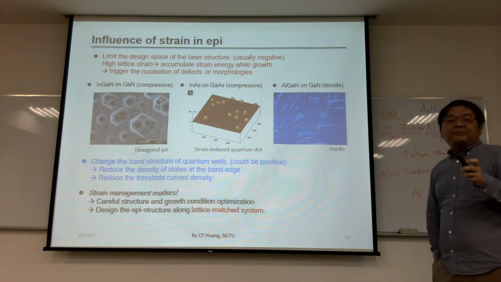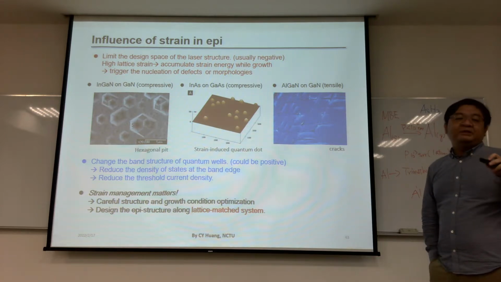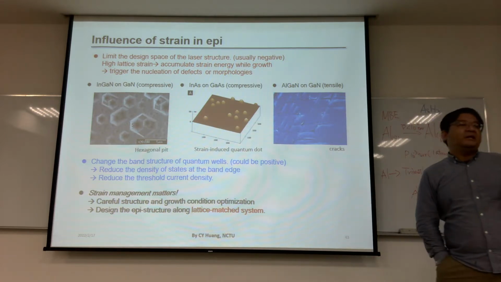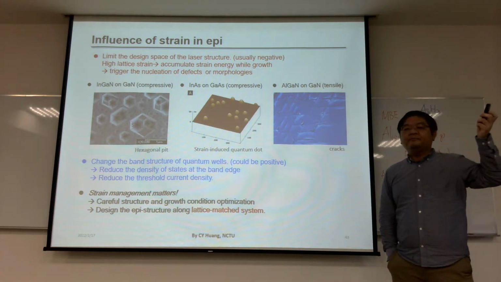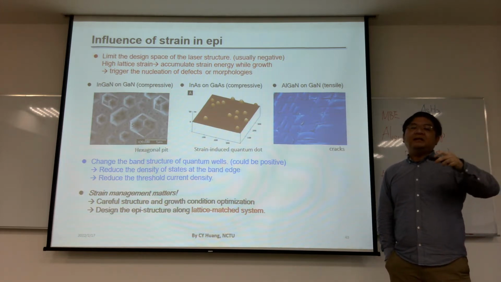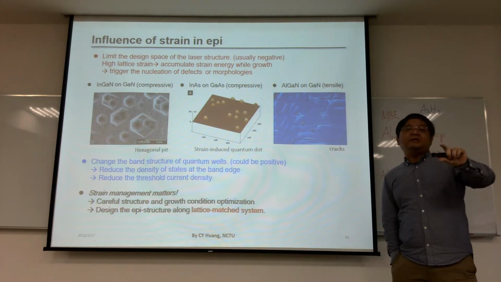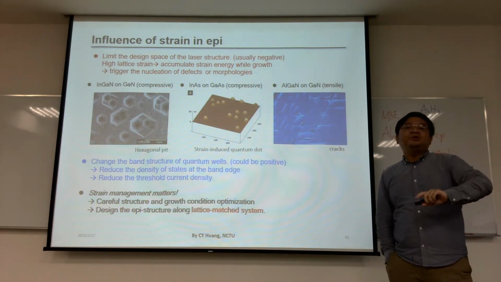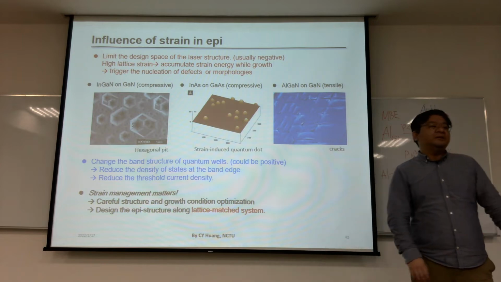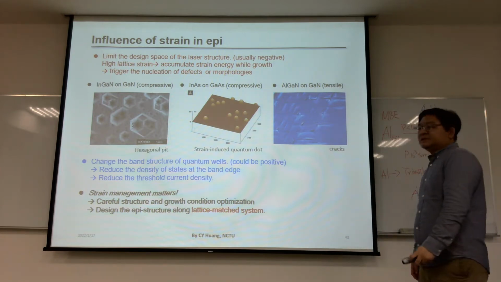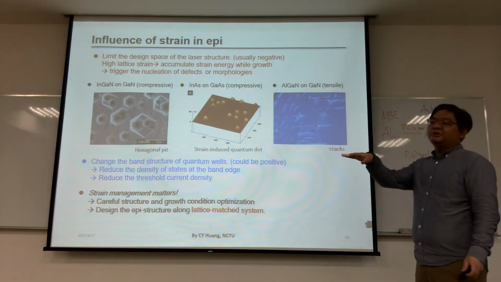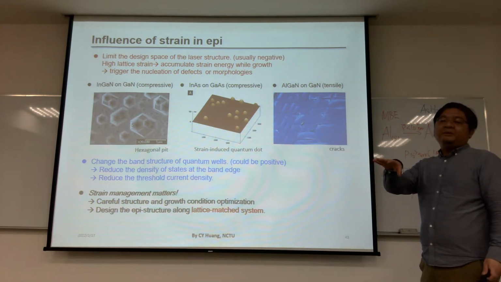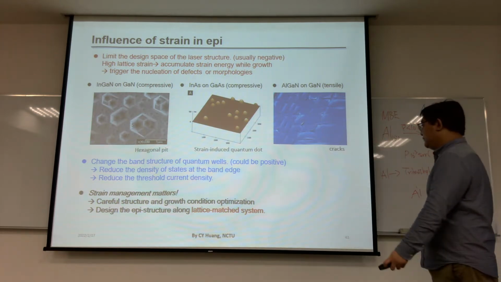If the film is under very strong strain, you cannot grow a very thick film, because the strain energy will be stored in your device and eventually released with a lot of defects. Then your crystal quality will be very poor, so you cannot make a good device.